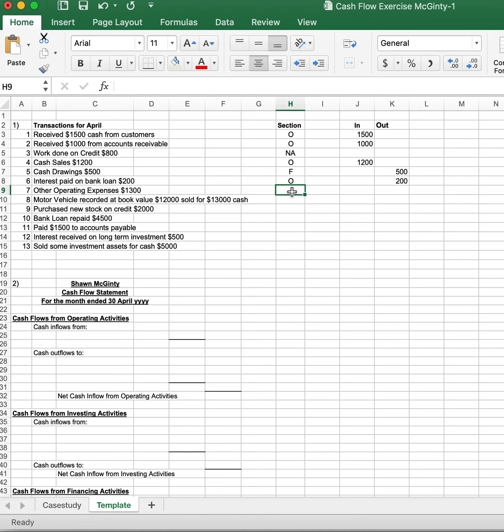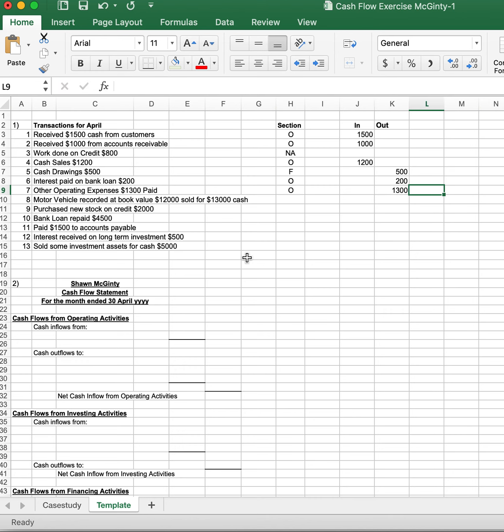Other operating expenses, they've given us the answer, that's operating. I think that should really stipulate that it actually was paid, not just invoiced.